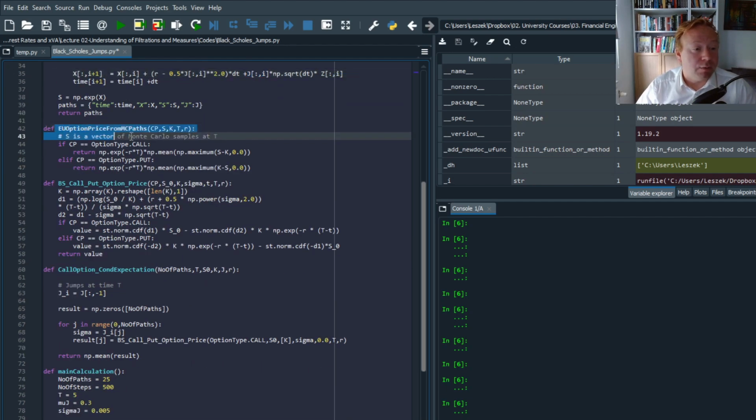And here we also have a part where we calculate the payoff. Given the paths, we call our put option and take the expectation at the maturity. Of course, this part of the code does not really know at which point we take the expectation, so you have to make sure that you always use the last column of the matrix S, because the columns represent time and the rows correspond to paths.